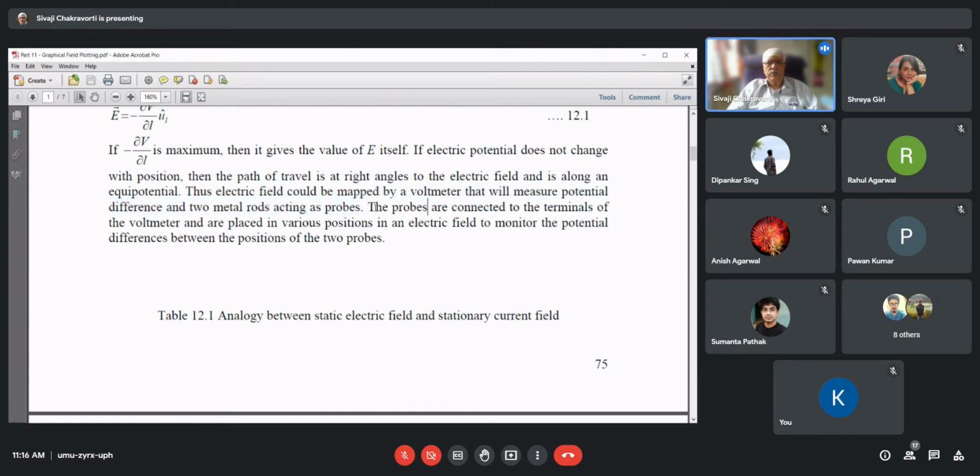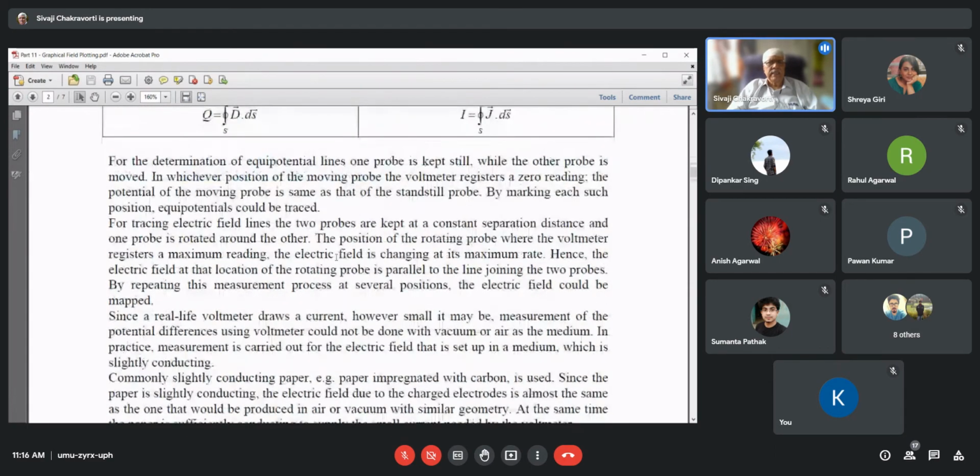The two probes will be connected to the voltmeter, and then the two probes will be placed in various positions to measure the potential differences between them. This has been explained, rather written in great detail here, so let us look at how it is done. If I want to determine the equipotential lines, how do I do it?